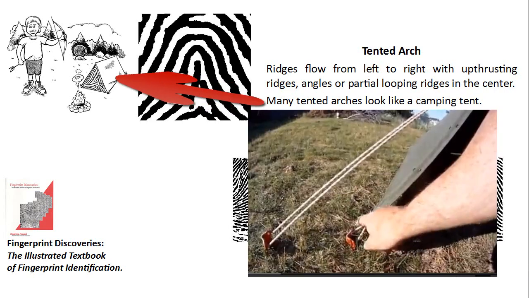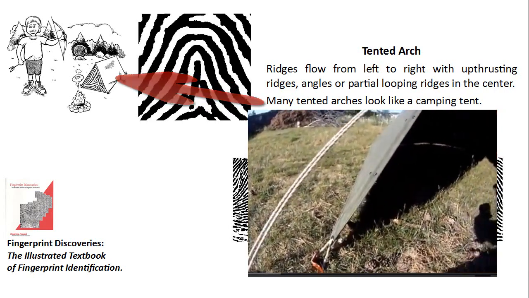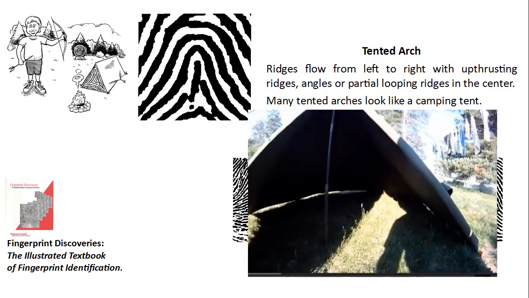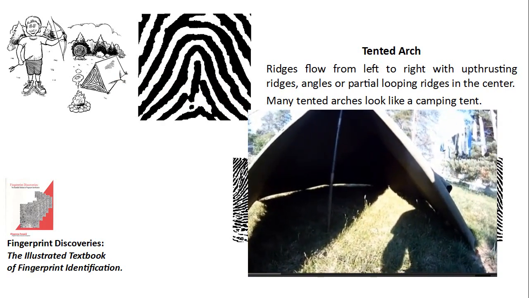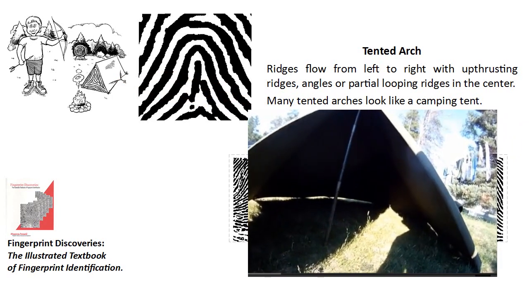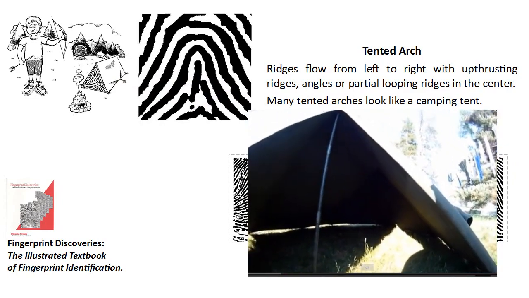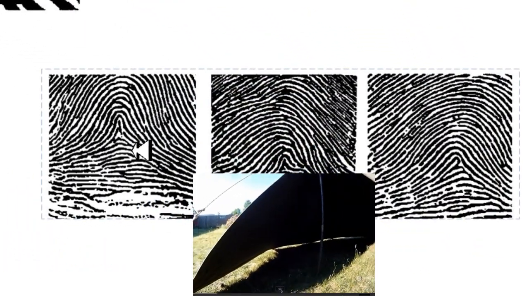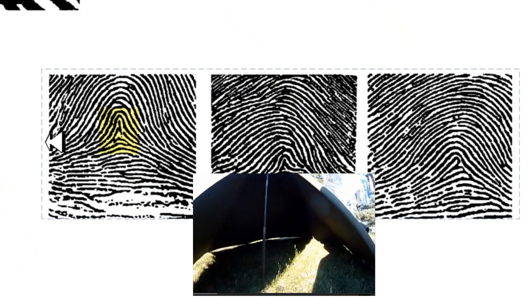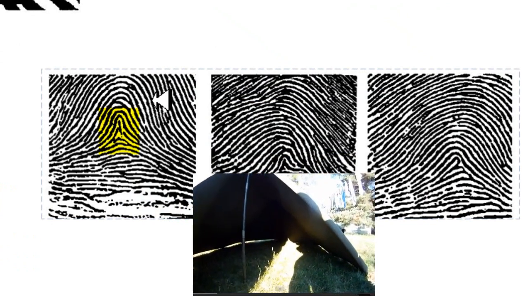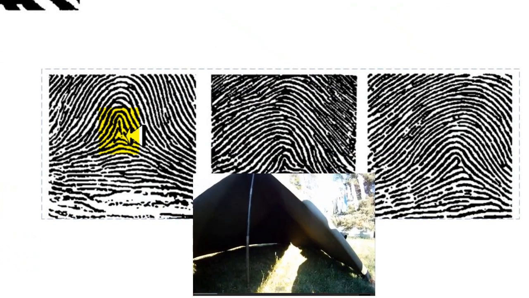Here I'm using an analogy again to try to generalize or briefly explain what is going on with the tented arch pattern. As you examine these three exemplars, what I want you to do is concentrate on the very center of the print, not necessarily the beginning where it starts on one side and rises and returns, but more in the center of the print, here, here, and here.